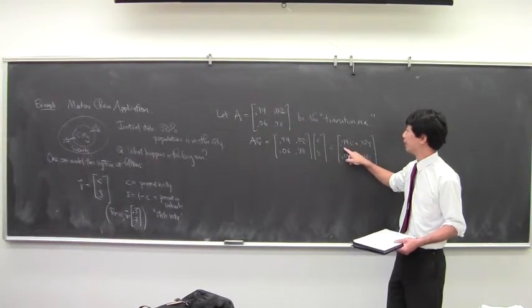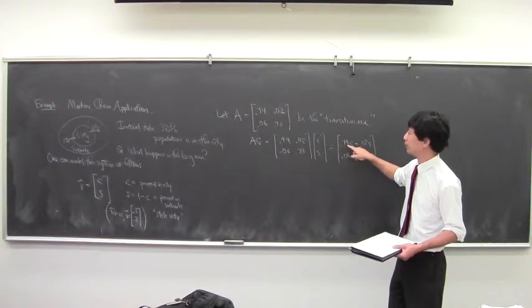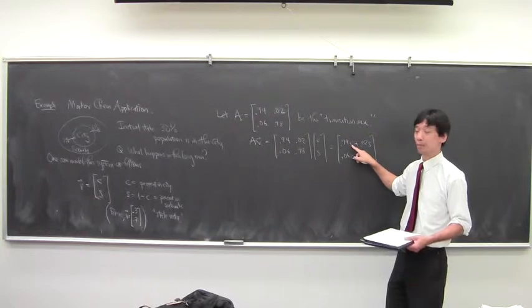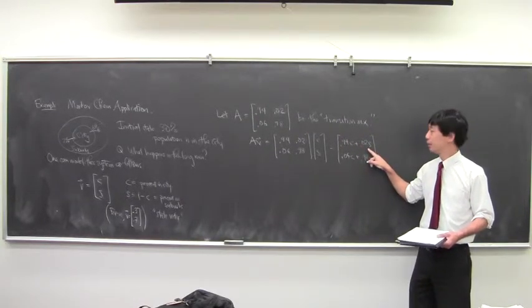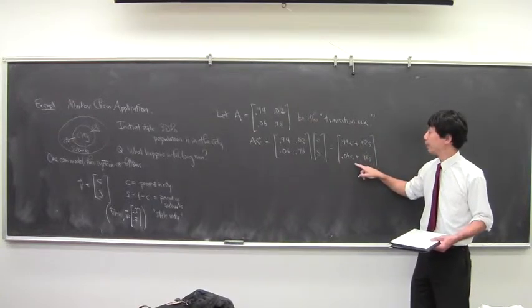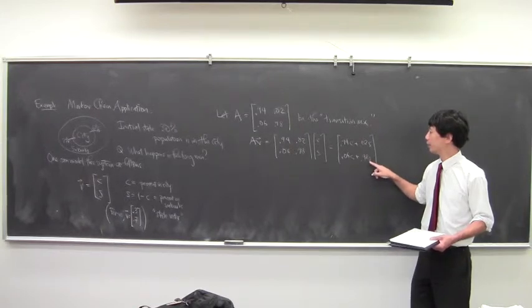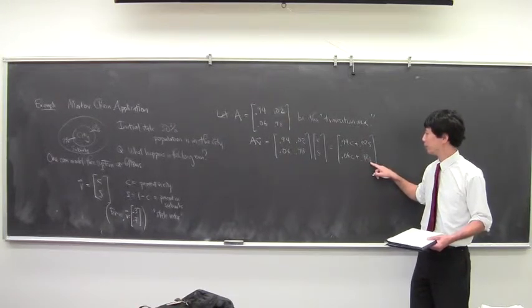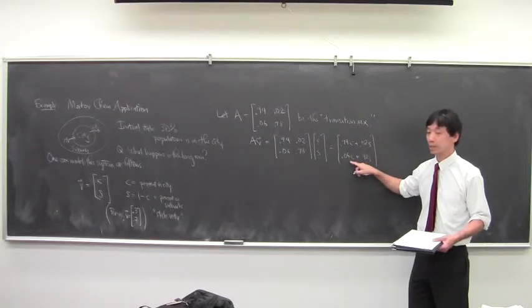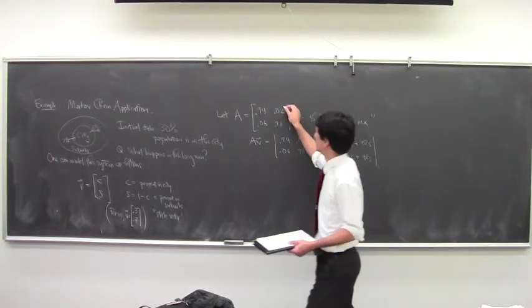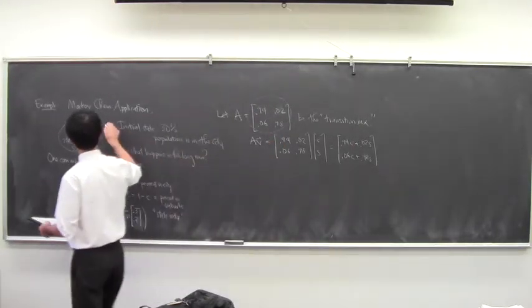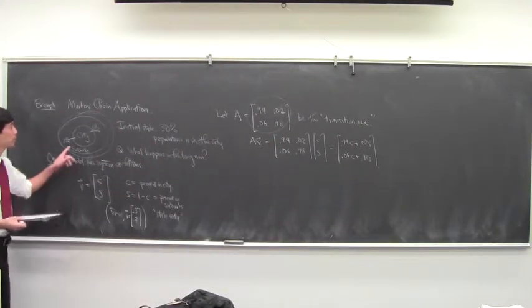After 1 year, who's going to be in the city? Well, it'll be 0.94 of the original city population plus 0.02 of the former suburban population, right? Who's going to be in the suburbs? What percentage is in the suburbs? Well, it'll be 0.98 times the current percentage, plus 0.06 of the city, right? And so this matrix here models this behavior.